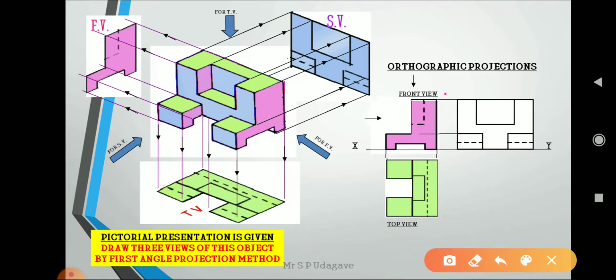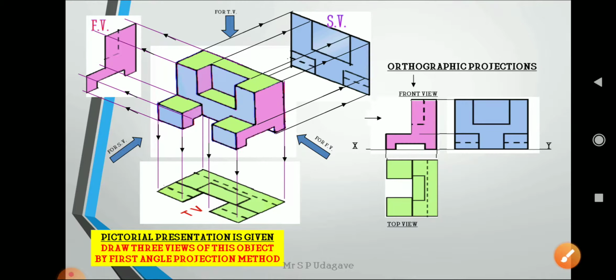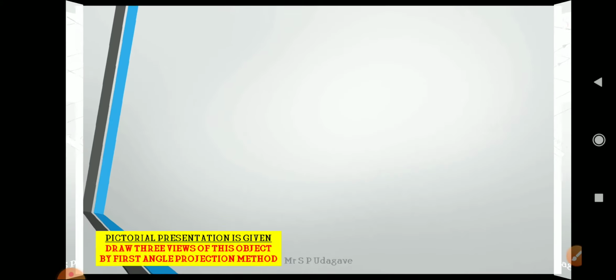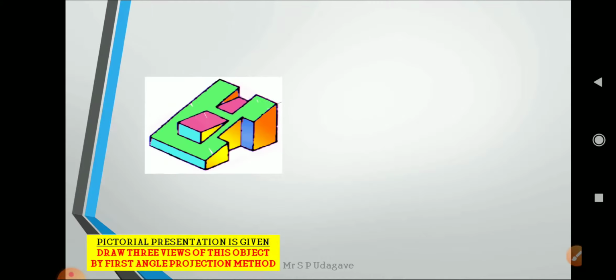Take the swirl line with the projections, and we can complete the side view also, with the visible and invisible parts shown in all the views. So that is the orthographic projection.